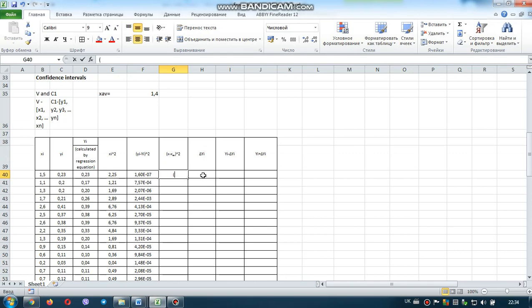So x, don't forget about equal sign, x minus x average, fix x average, squared expression.